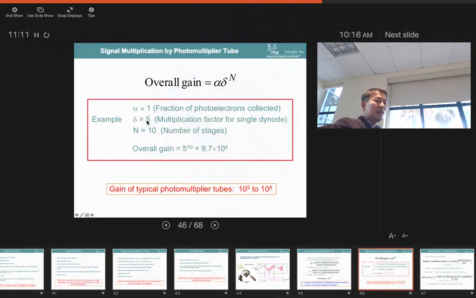Let's say it's about 5 times amplification for one dynode stage. And if we have 10 dynodes, meaning the number of amplification stages in the PMT is 10, then the overall gain of that PMT is about 5 to the power of 10, on the order of 10 million amplification.